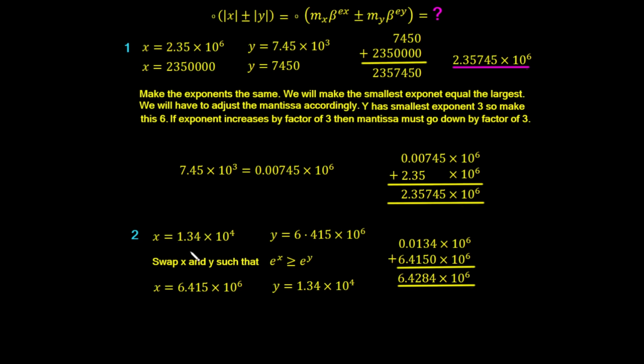So what we can do in order to reuse that one piece of circuitry is just swap the values for our x and y. That is, we want to ensure that the exponent for x is always greater than or equal to the exponent for y.